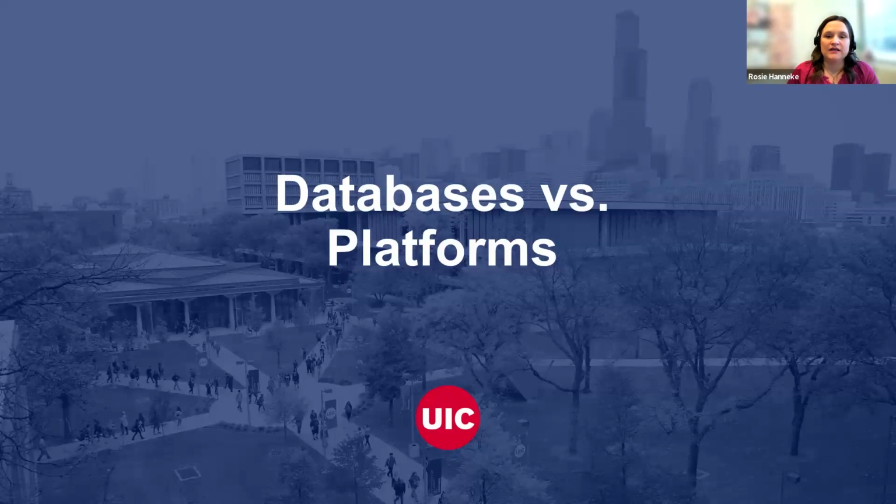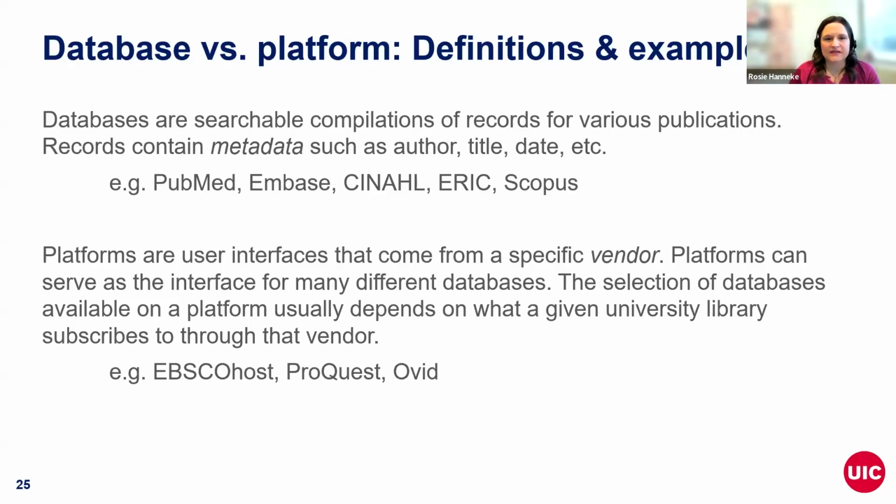And then we need to clarify a minor but important distinction between databases and platforms. Databases are searchable compilations of records for various publications, such as journal articles, books, book chapters, dissertations, and more. Each of these records contains metadata, or information about the article or about the publication, and that would include author, title, date, not the full text of the article.